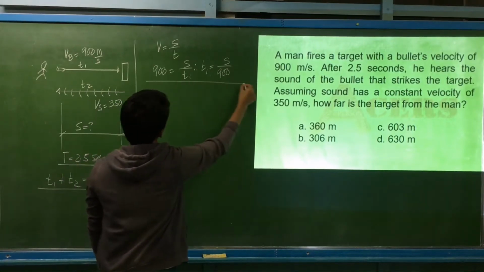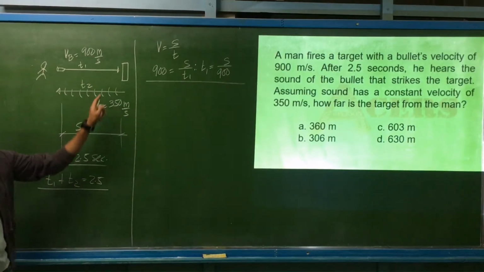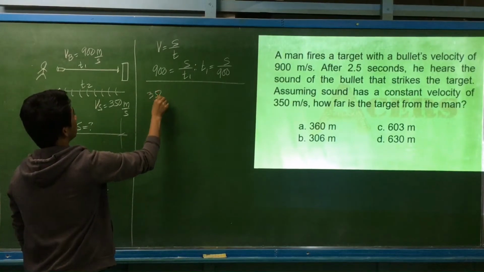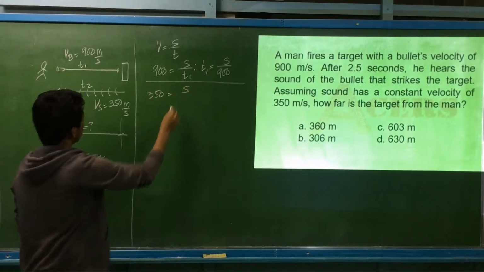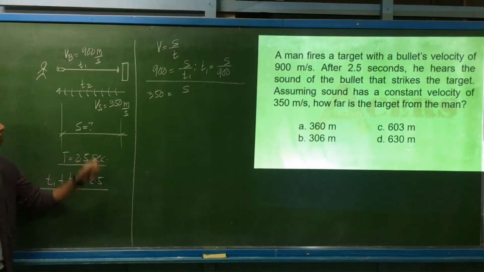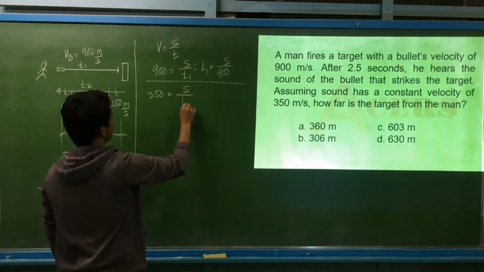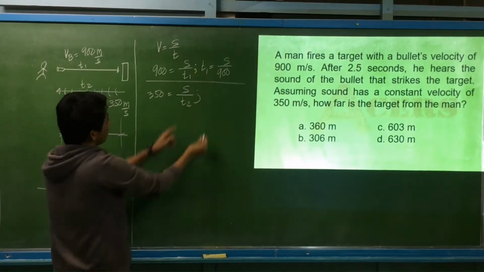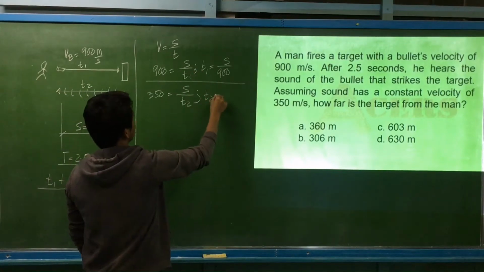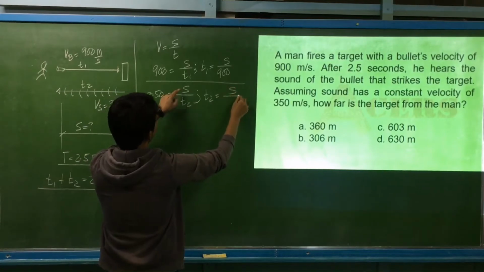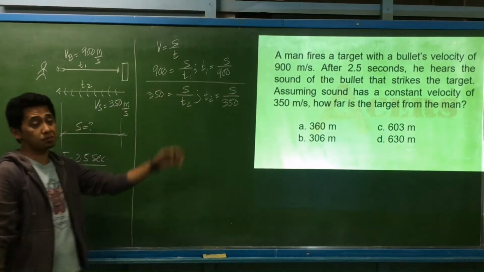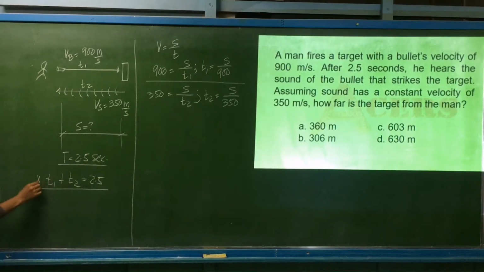Then for the sound, the velocity of 350 meters per second is equal to, take note, the same distance divided by time number 2. So time number 2 is equal to the distance S divided by 350.